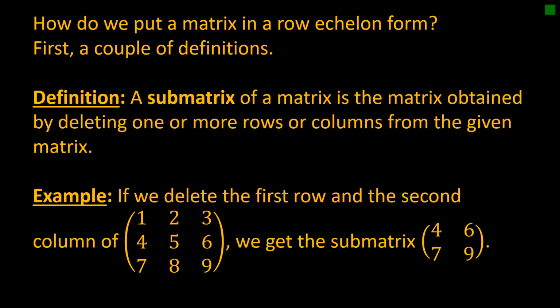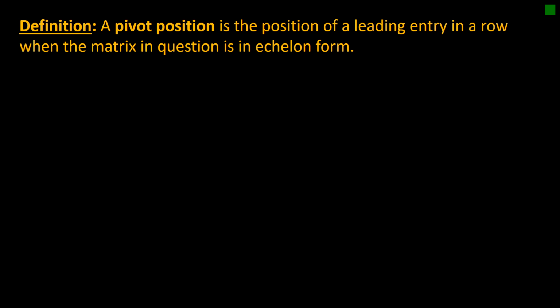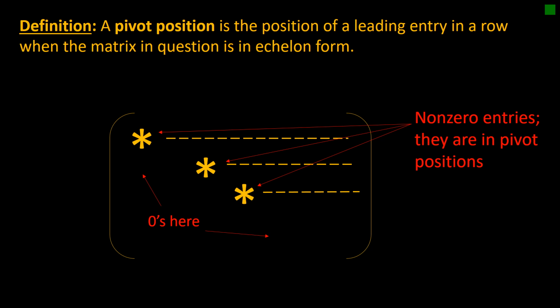Okay, easy enough. A pivot position, next definition, is the position of a leading entry in a row when the matrix in question is in echelon form. So going along that stair step, we have those things that separate the non-zero from the zero. Our terms are right here. Those are our pivot positions.